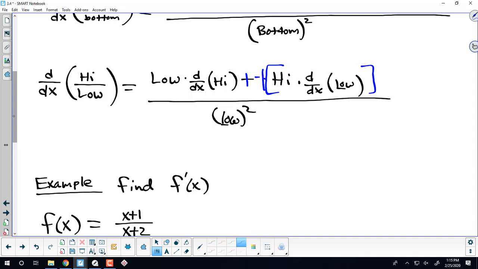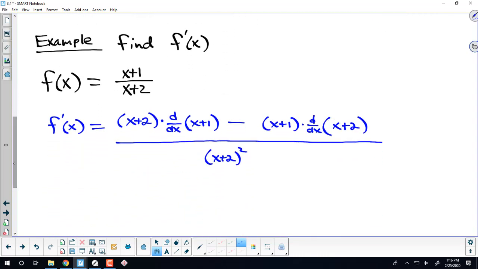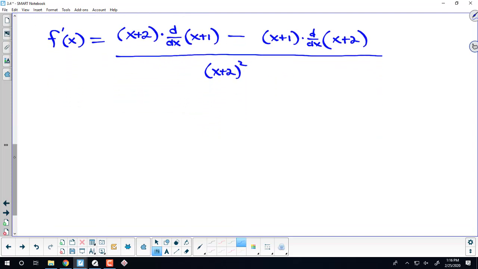That's another way to think of it. I think one of the main issues with quotient rule problems is the distribution of that negative to the second half on the top.